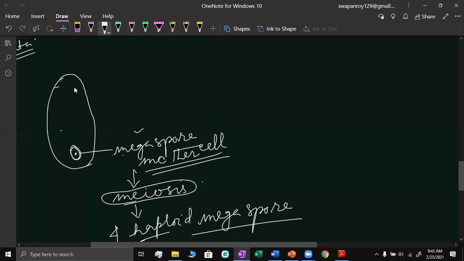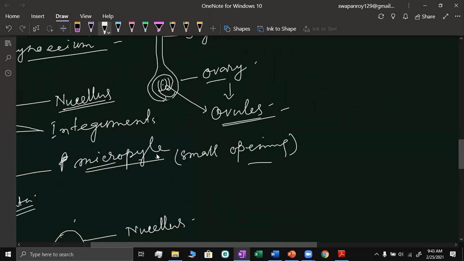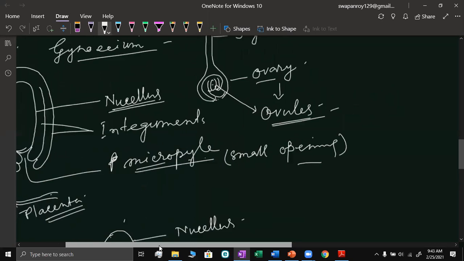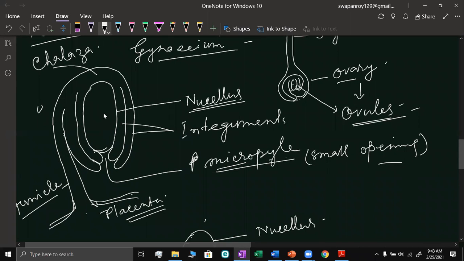See, this is the nucleus, and within this nucleus has developed the female gametophyte, and here 8 nuclei have formed.